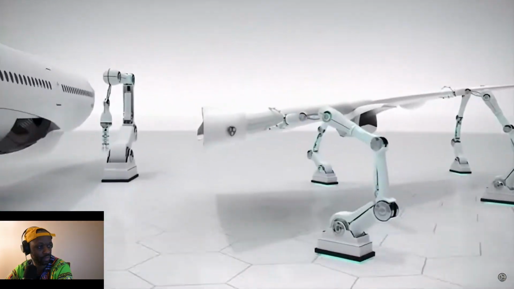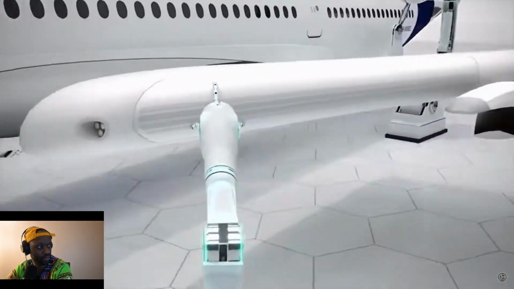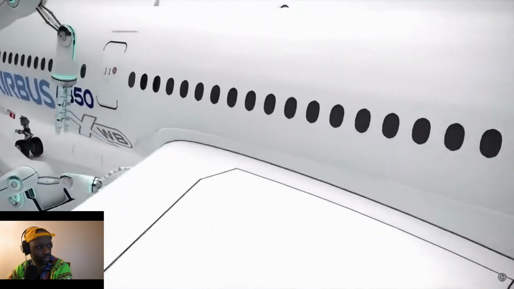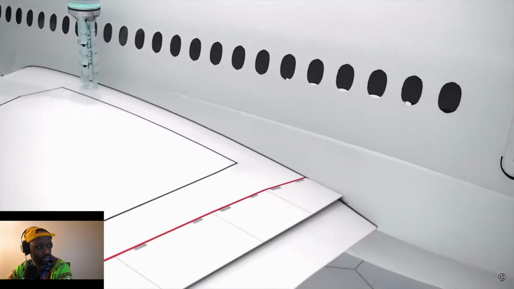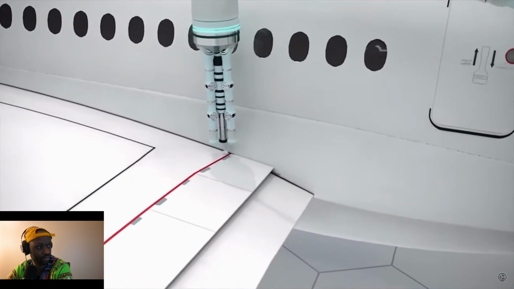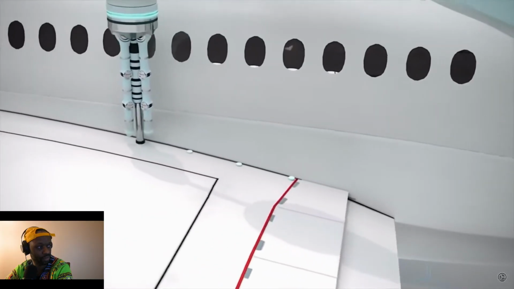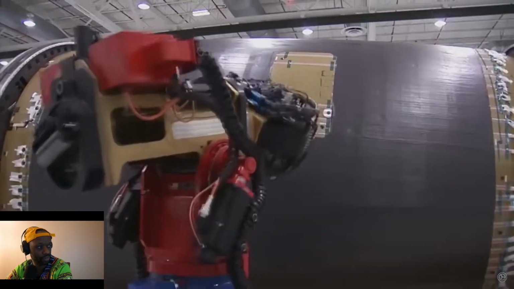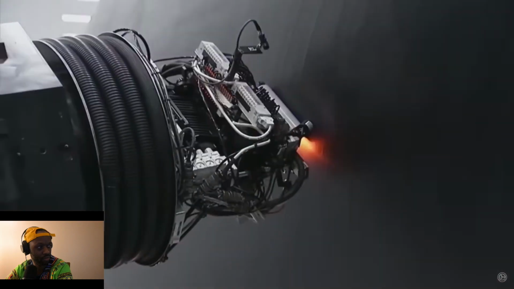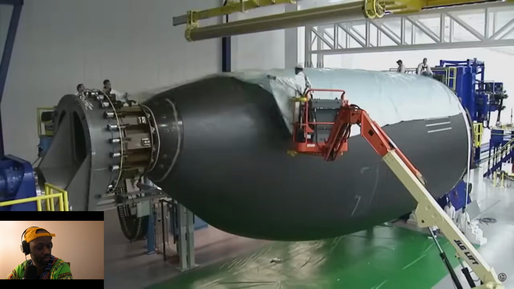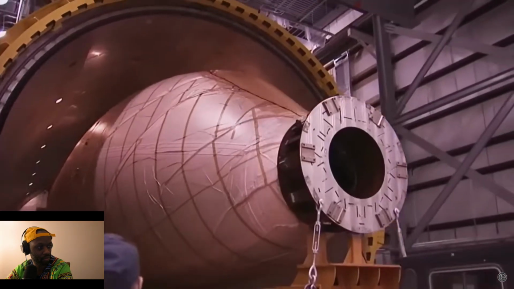One of the most significant advancements in airplane manufacturing has been the introduction of robotics and automation. Robots can perform repetitive tasks with precision and speed, increasing efficiency and reducing the likelihood of human error. For example, robots can drill and install thousands of rivets in the fuselage, ensuring a secure and consistent bond.